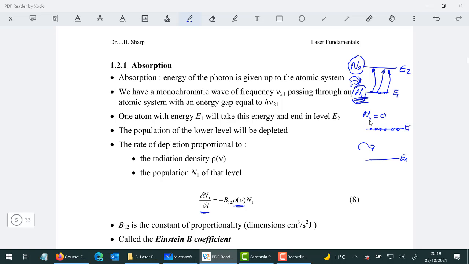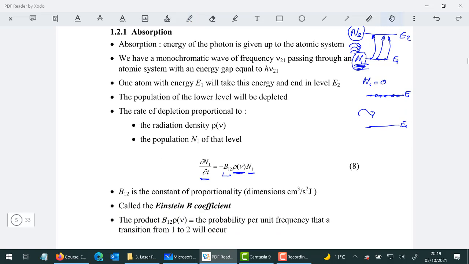So the rate of change of the number of atoms in level 1 is proportional to the number of photons which come in, and also the number of atoms we start off with. And that constant of proportionality is referred to as the Einstein coefficient. And we have a minus sign here because we're reducing the number of atoms in level 1.